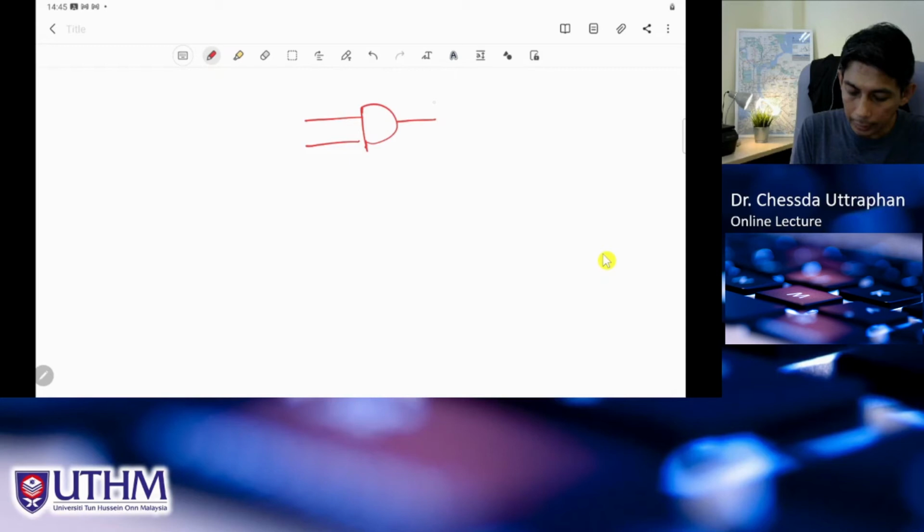This is F, the output, and the input is A, but our A is in the form of a vector where we have A0 and A1.